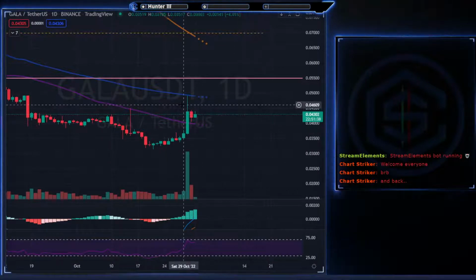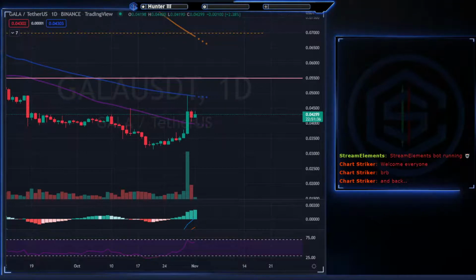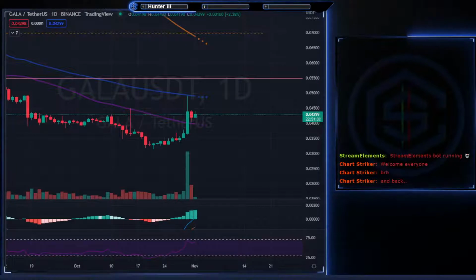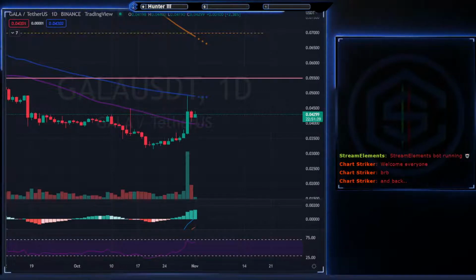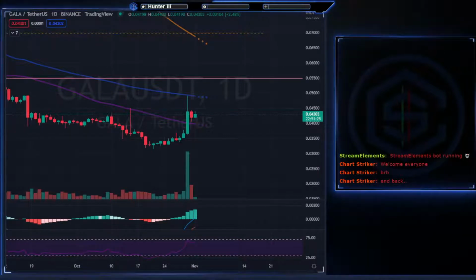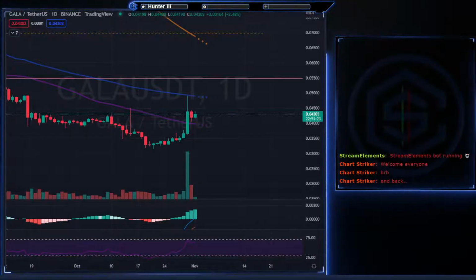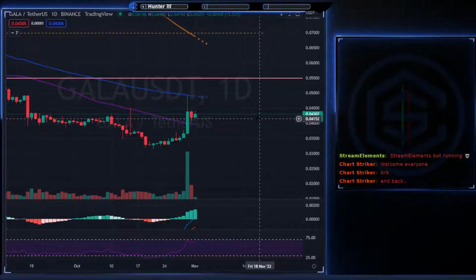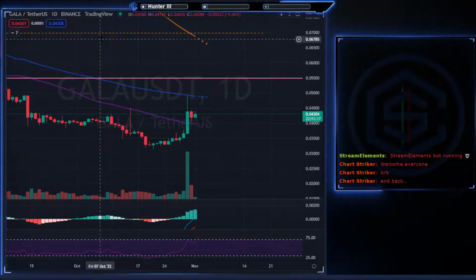So if we see some sort of a pullback, I wouldn't be surprised. And unfortunately, there is nothing holding us until 0.037, 0.0375, around these levels, okay?